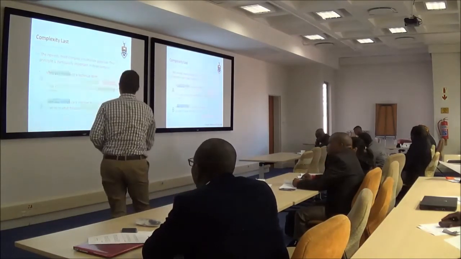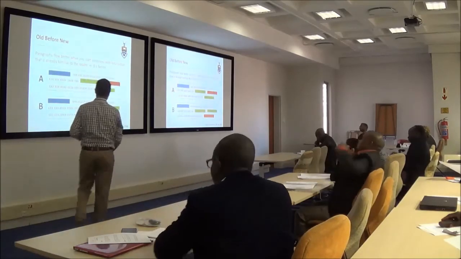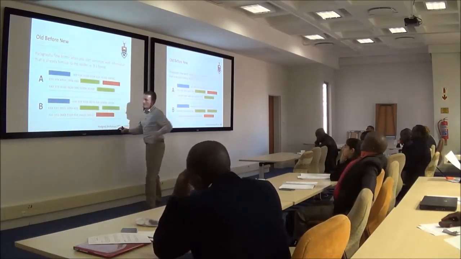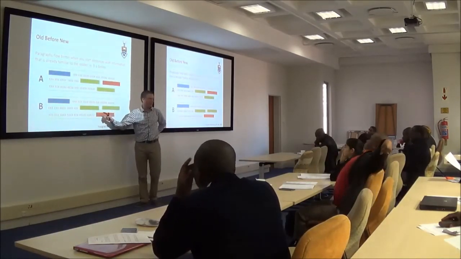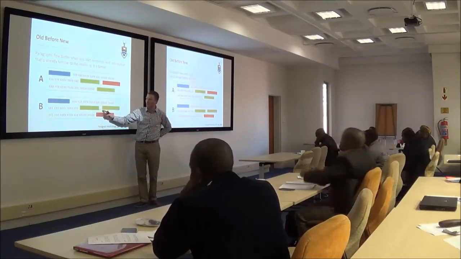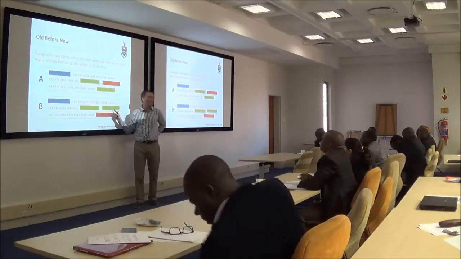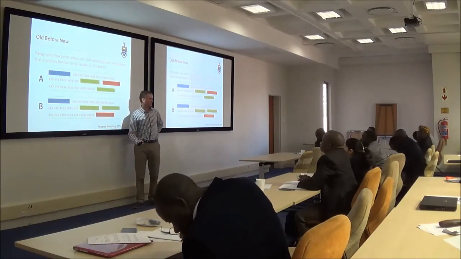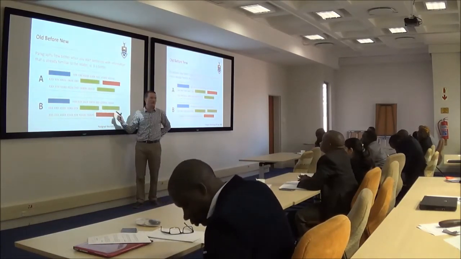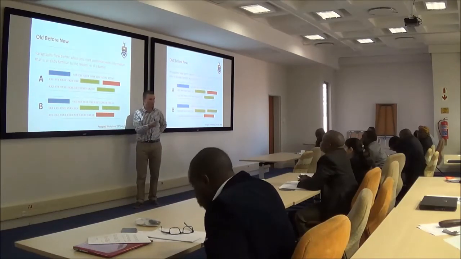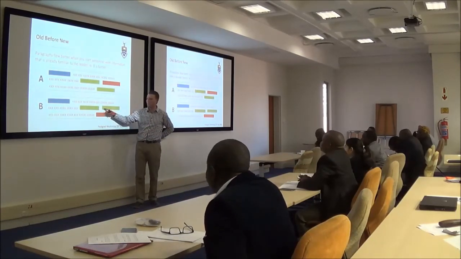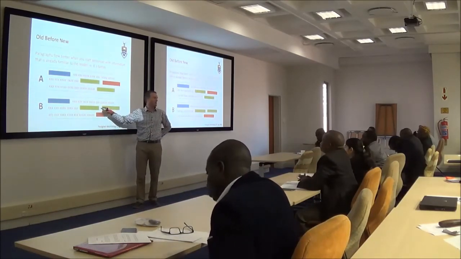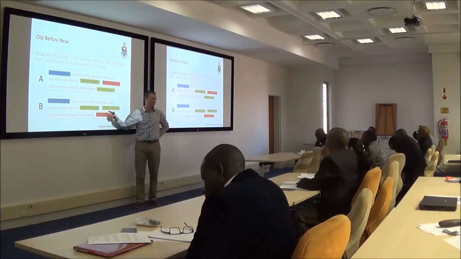So what Rizwan is saying is, if you go back here, where you've got old before new, this is not the exact words that are repeated here, okay? This is just the concept, right? You would link into this concept with a linking word. You can go and Google, and like Rizwan was saying, it could be but or notwithstanding or because of or whatever the case may be, okay?